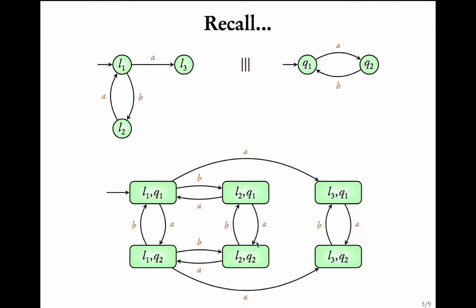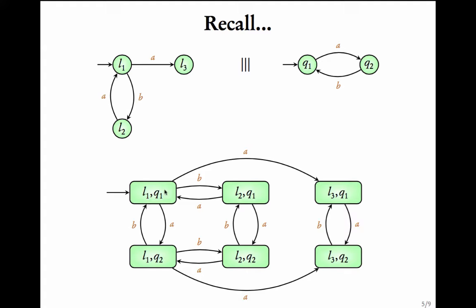How many states did we get? For each state here, we have a state that contains a state of the other transition system. So in all, we have 3 times 2, 6 states. Once we have given the states, we can then define the transitions as follows.